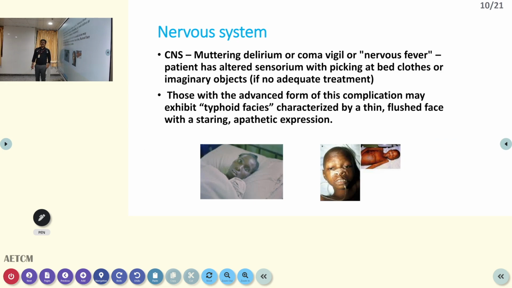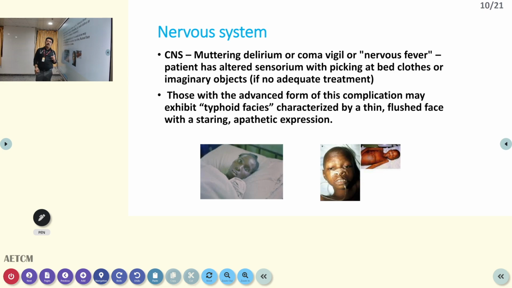Now, nervous system: many patients, if we don't treat the patient properly, can have central nervous system complications like coma vigil or muttering delirium or nervous fever. The patient can have altered sensorium with a type of abnormal movement. They try to pick up the bedclothes or imaginary objects.